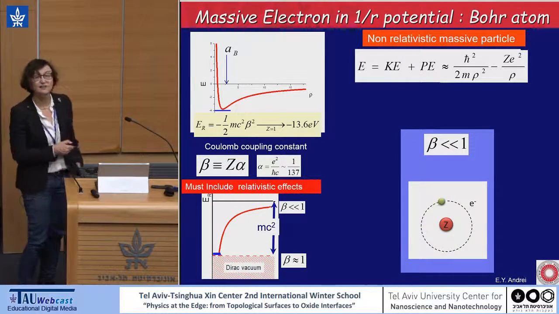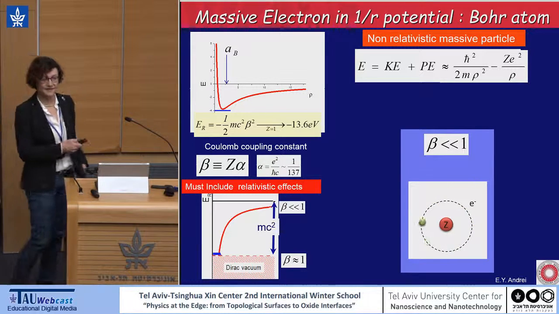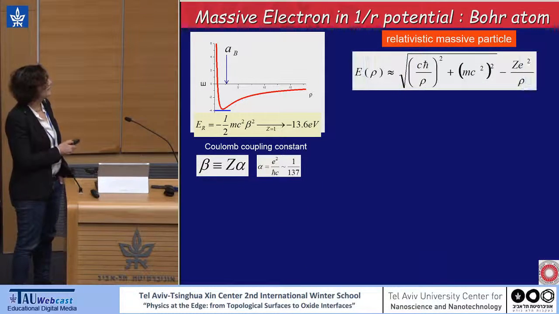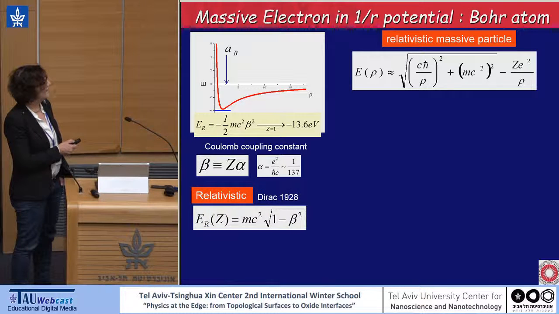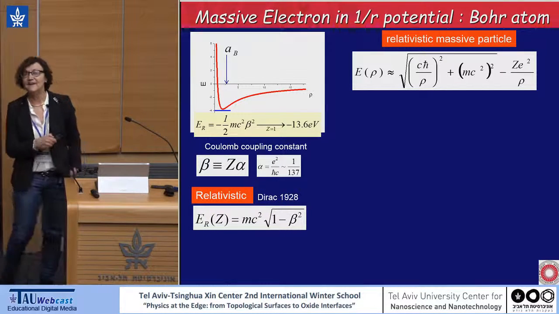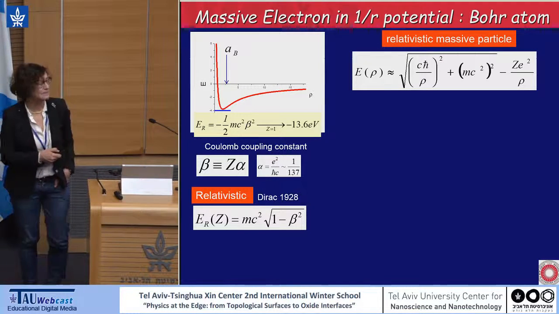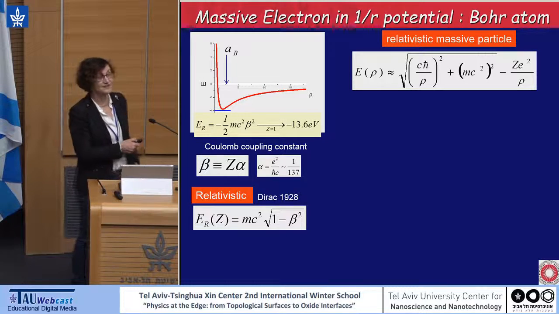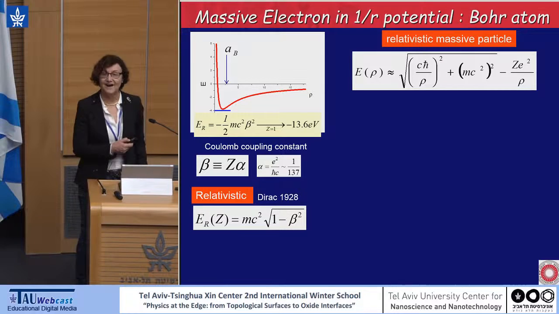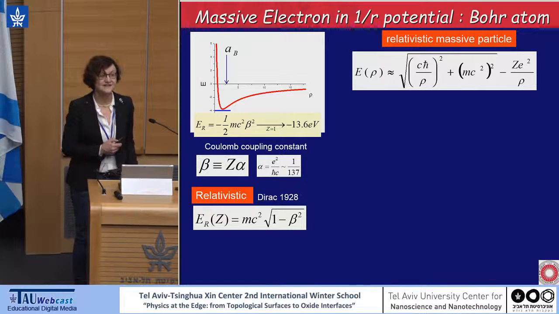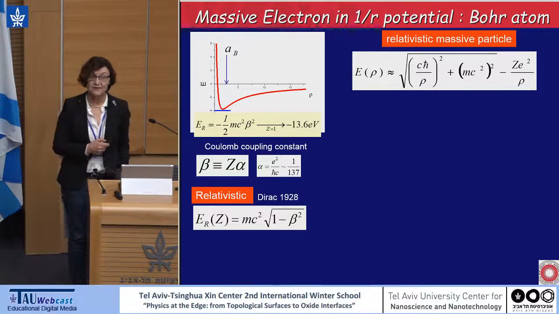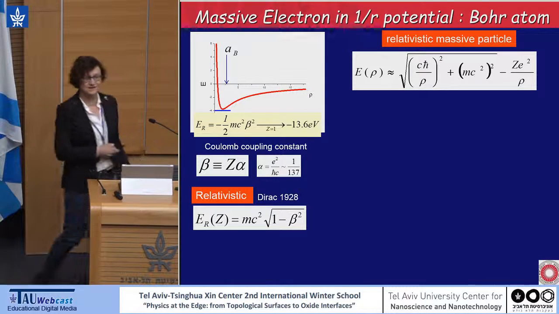You must include relativistic effects, and when you do that, the equation changes slightly. This is the relativistic expression, and it's quite straightforward to show that, ignoring angular momentum, you get this expression that Dirac showed in 1928. If you have angular momentum, the formula is a little more complicated. You see that when beta equals 1, or the charge of the nucleus is 137, all hell breaks loose, and you don't have solutions anymore.